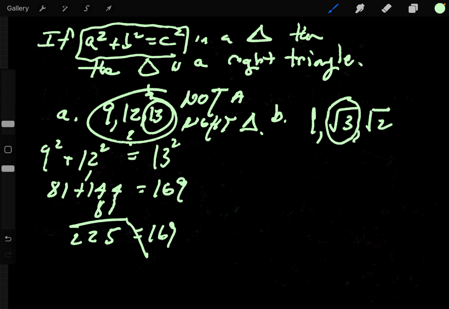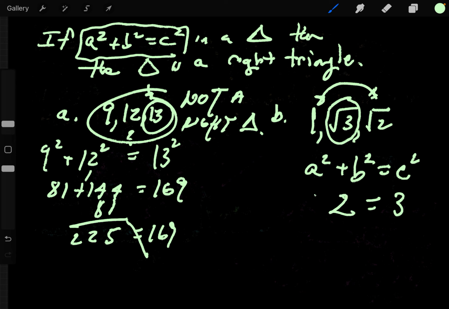So now, again, I first would have to identify what the longest side is and make that side c. I'm trying to see if a squared plus b squared equals c squared, with c the square root of 3. The square root of 3 squared is just 3. B squared, it doesn't matter whether you make this b or a. The equation will be true or not in the same way.